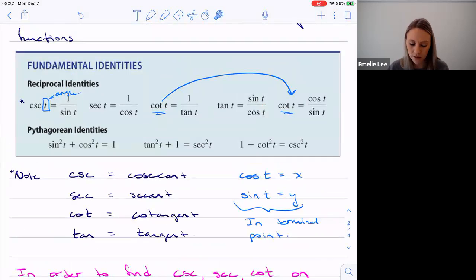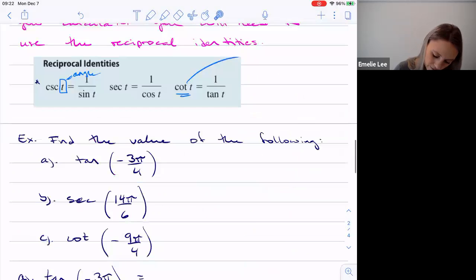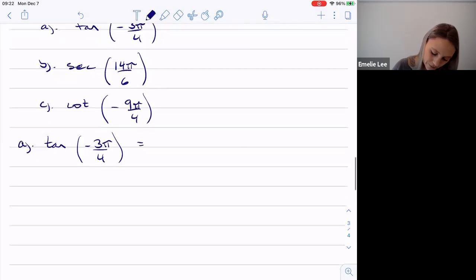So I'm going to rewrite the tan of whatever angle I was given with sine of that angle over the cosine of that angle. Because I know how to find the sine and cosine. I don't really know how to find tan any other way, and this is the best way.